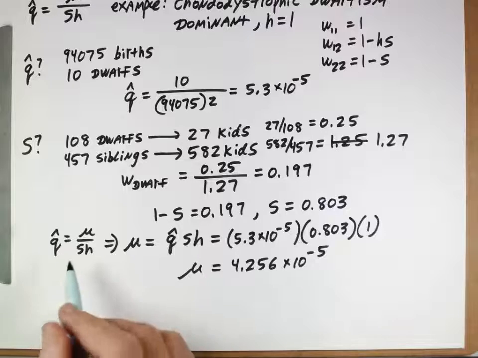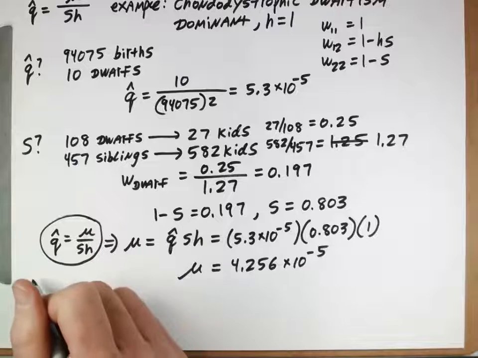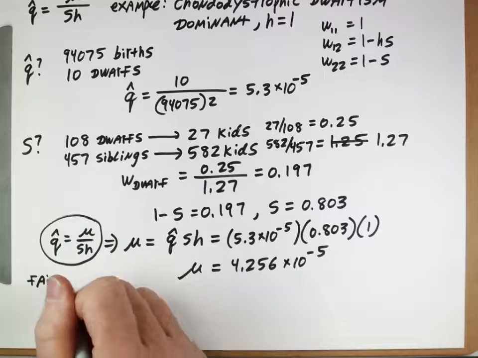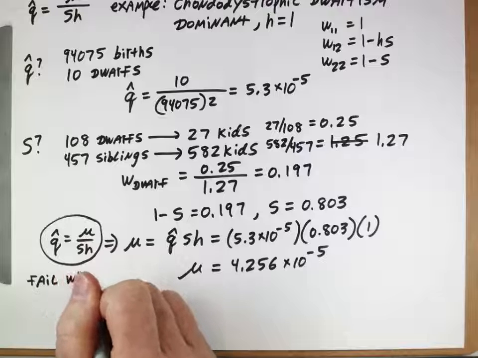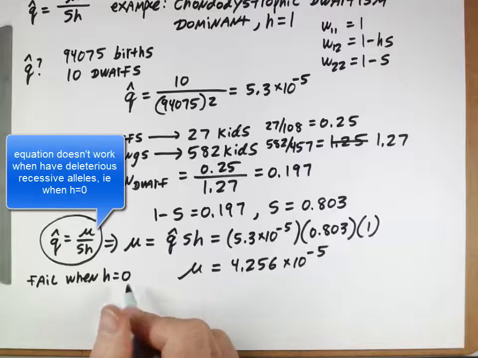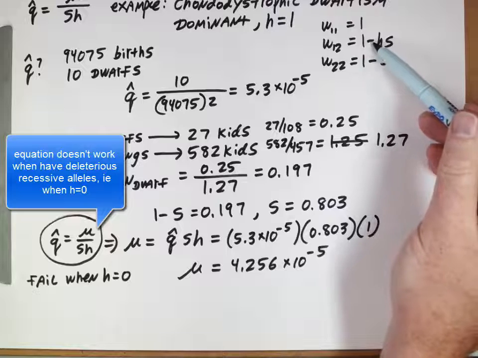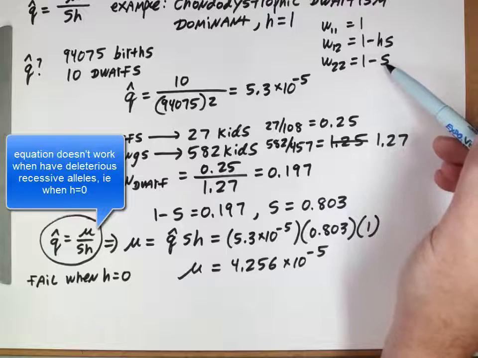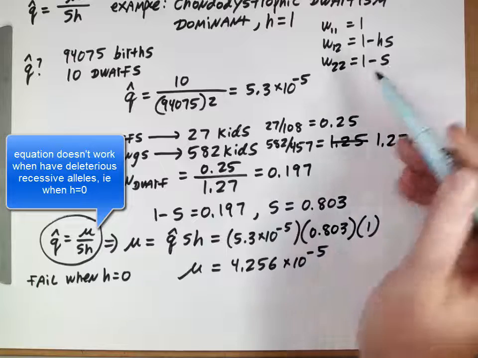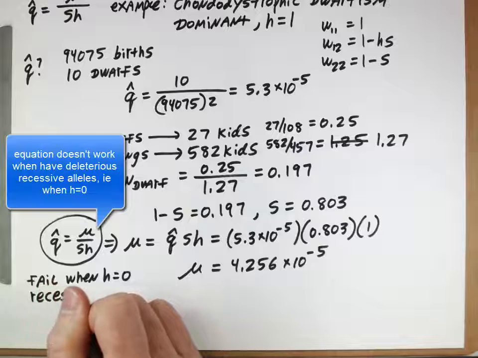Now, one thing to note about this equation here is that it would fail when h is equal to 0, right? Because you can't divide by 0. When h is equal to 0, that's the situation where this fitness is 1 and this reduced fitness is only experienced by homozygotes. h equals 0 is when the deleterious alleles are recessive.